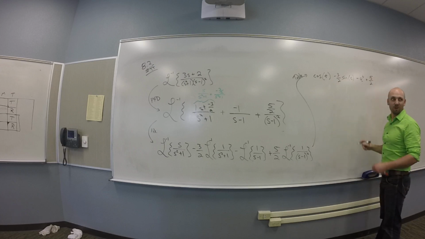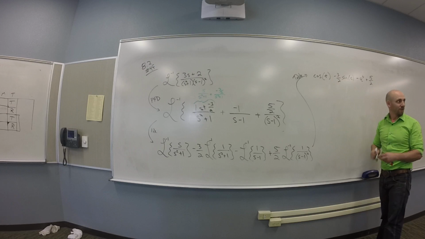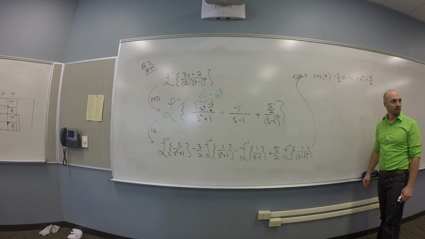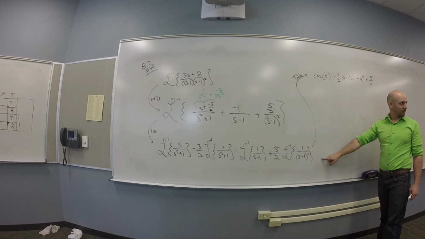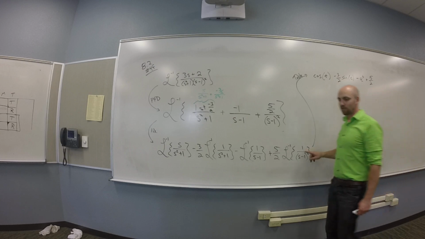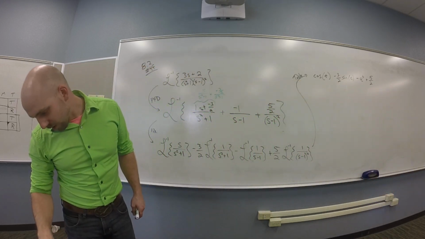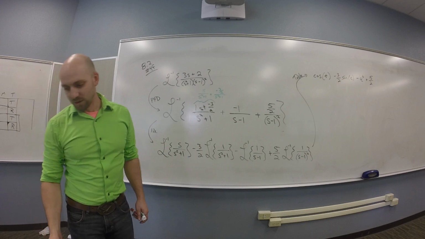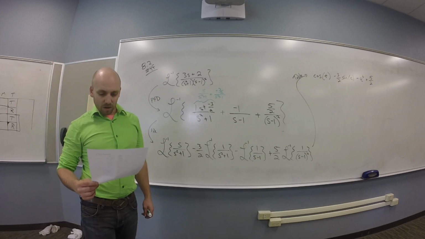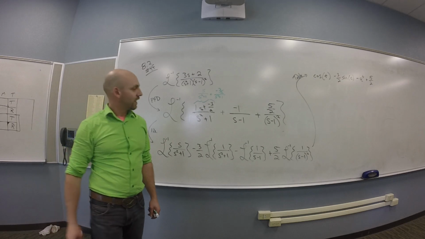That one's not exactly like that in the table, is it? Is that one exactly like this in the table? Okay, because 1 factorial is 1. Is it n minus 1 factorial on the top? Yeah, and it's n plus 1, which is 1 plus 1. Okay, so yep, that's exact.